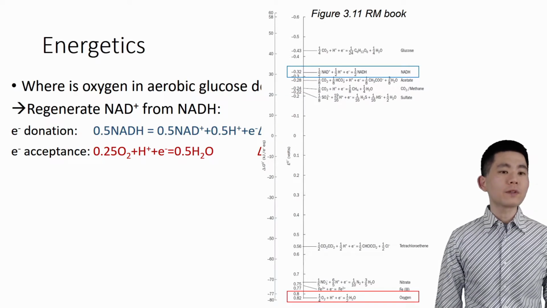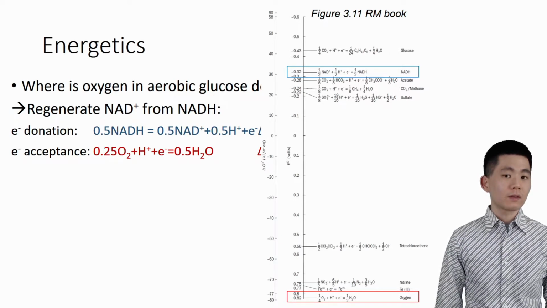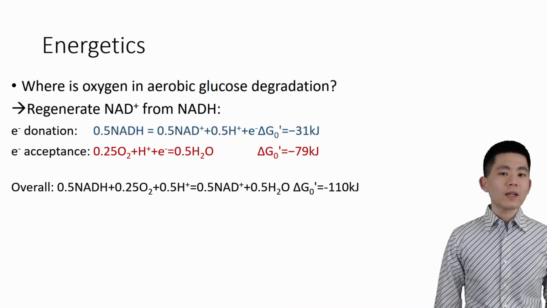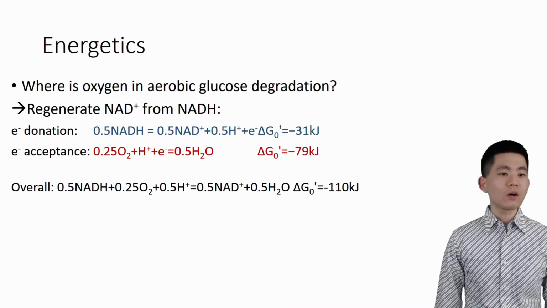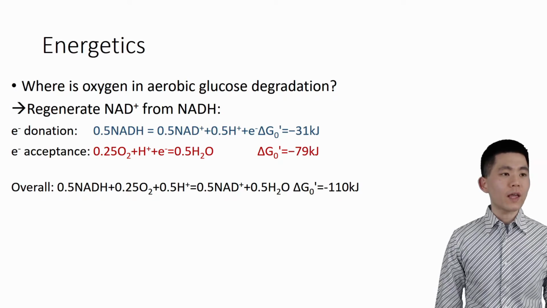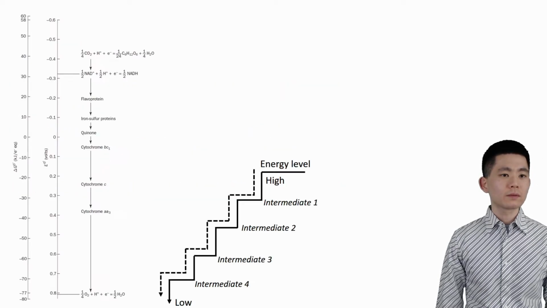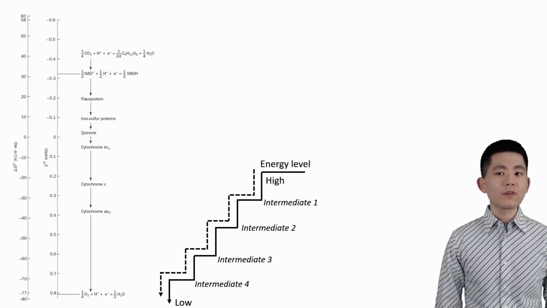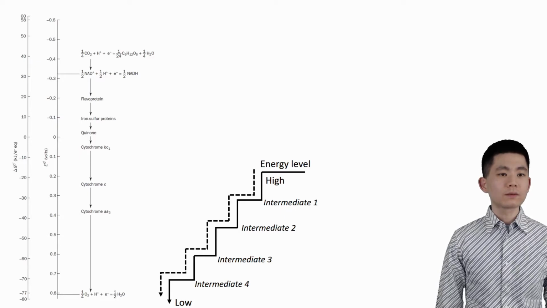Because we have flipped the top reaction and written it as NADH donating electrons, the sign of the free energy change, delta G, becomes negative as electrons are lost. Combining these half reactions, we can get the overall reaction and the overall free energy change. This chart shows the stepwise decrease of energy level of the intermediates involved in glucose degradation.